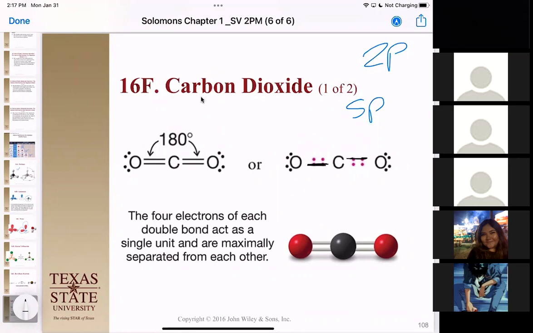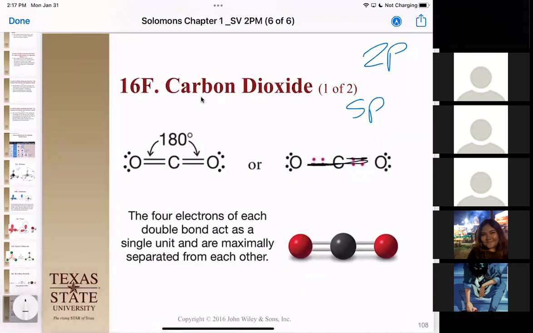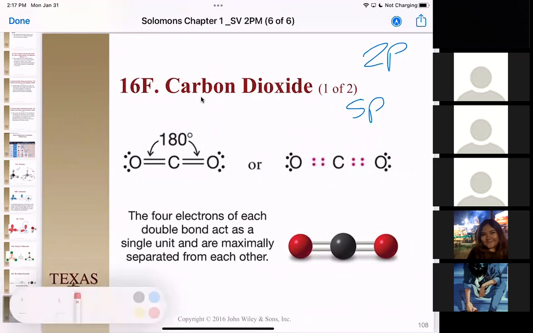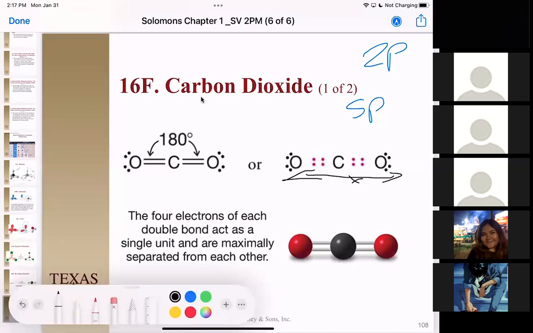And we said that carbon was sp hybridized. Okay, so let's call this axis that we've done this on our x-axis. So we have our sp hybridized orbitals along this x-axis here. Now, if there are 2 p orbitals, they have to not be in that x-axis, right?